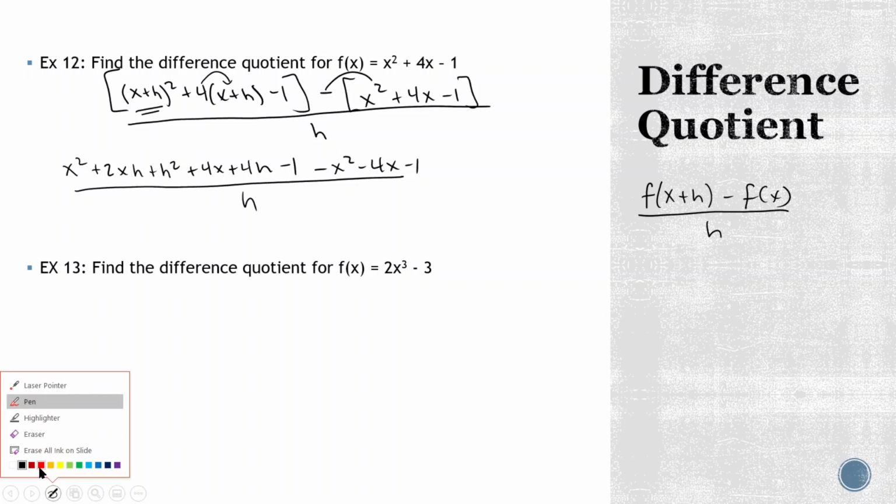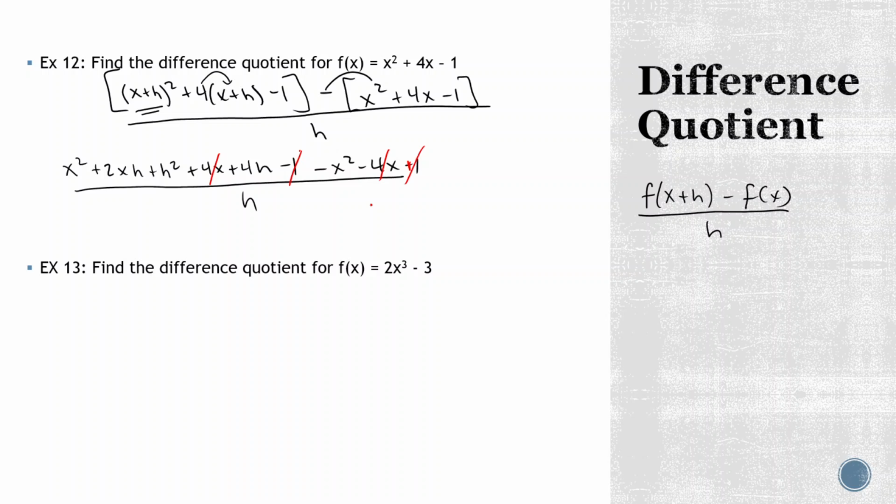Now I'm going to go and reduce some things. So I notice that 4x minus 4x goes to 0. Negative 1, oops, this would be plus. Negative 1 plus 1 goes to 0. And x squared minus x squared goes to 0. So what I'm left with is this quantity.